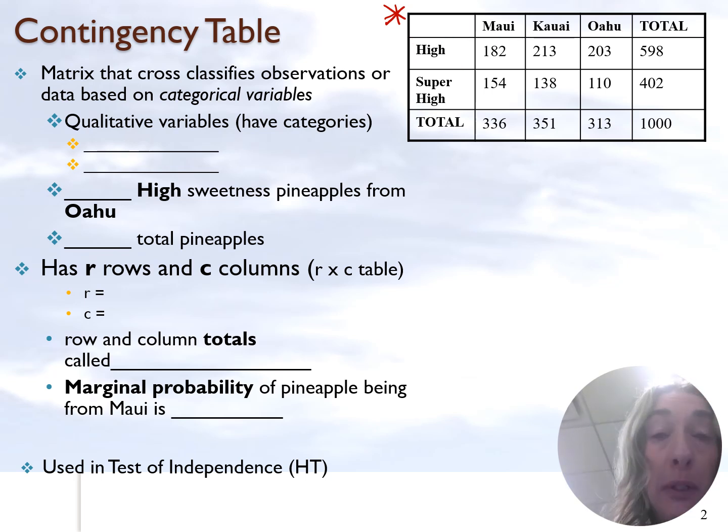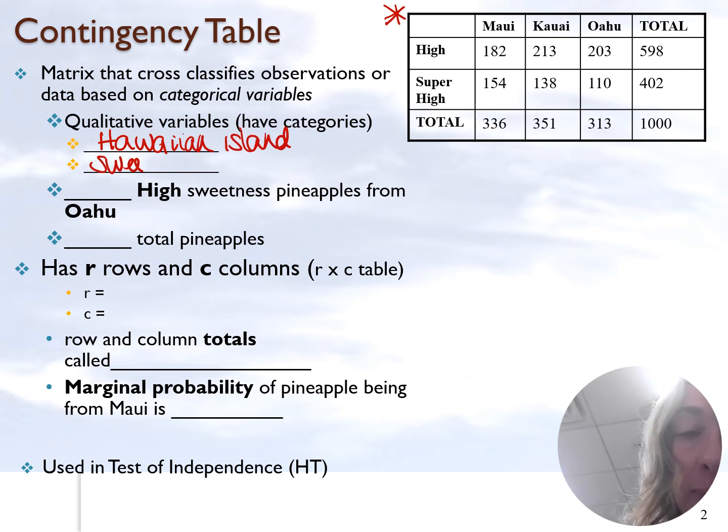In this particular contingency table, the two categorical variables are Hawaiian Island and sweetness rating.